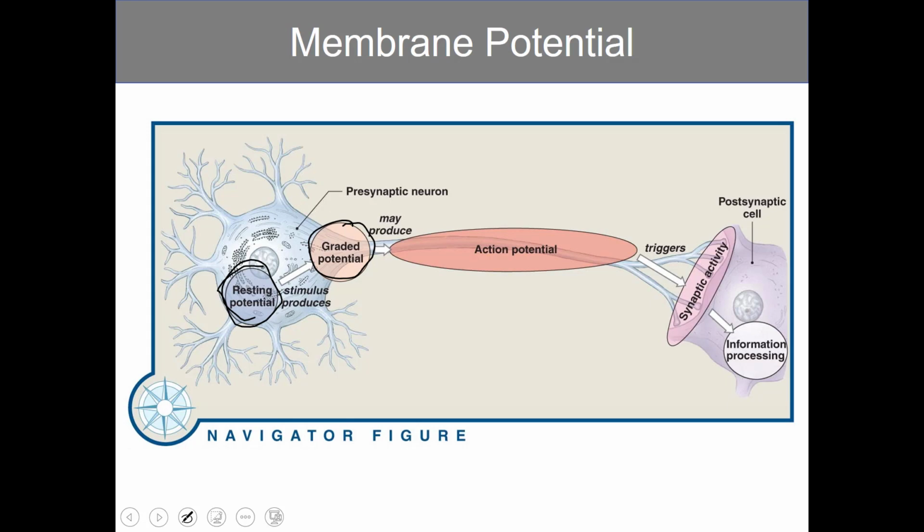And the action potential is propagated down the length of the axon to the synapse. In addition to resting, graded, and action potentials, we have two other activities that are common. The synaptic activity dictates what is happening at the synapse, and information processing is how that postsynaptic cell responds.